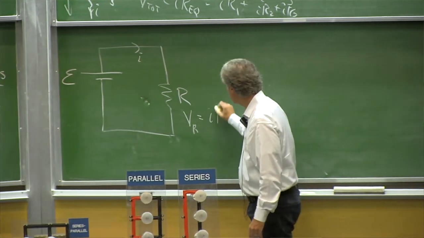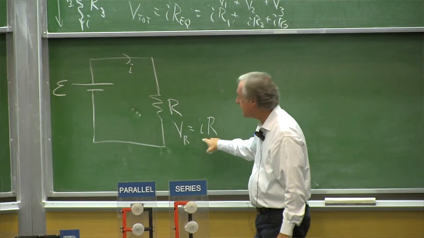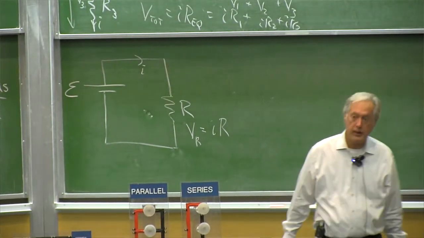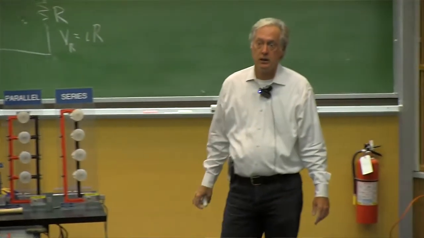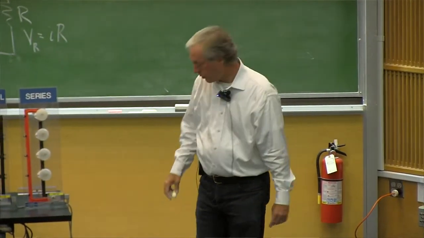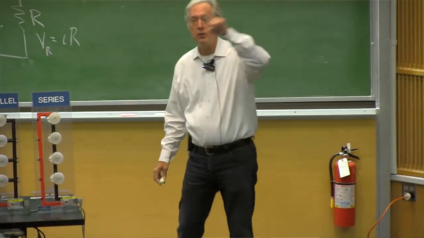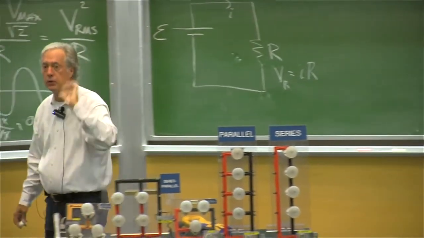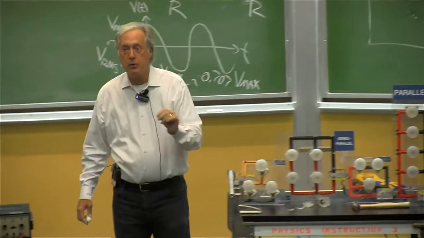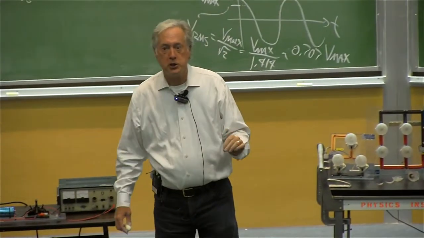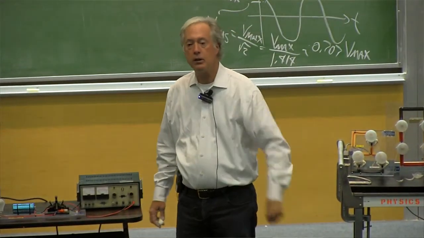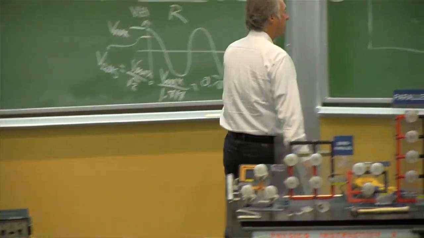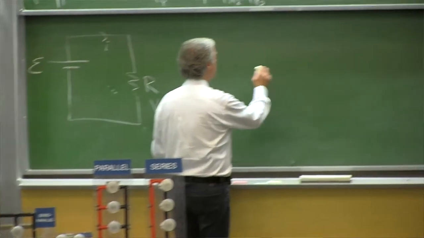I times R. That equals, in this particular simple drawing, the EMF of that power supply. So Kirchhoff's rules: the sum of the EMFs and voltage drops around a loop is 0. The sum of the current going into a junction must equal the current going out of the junction. Let's think of where we could have a junction.